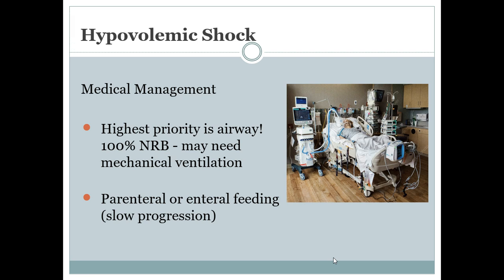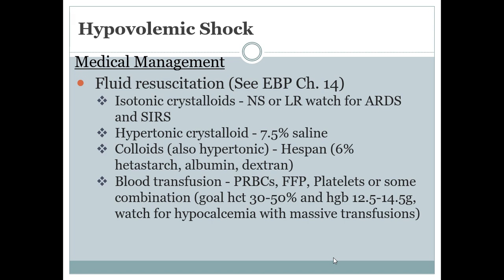You want to kind of go slow. Also, fluid resuscitation is key, and it really depends on the cause of the hypovolemia. You'll choose, of course, a different fluid for volume expansion. I do want you to read the evidence-based practice table on page 265.